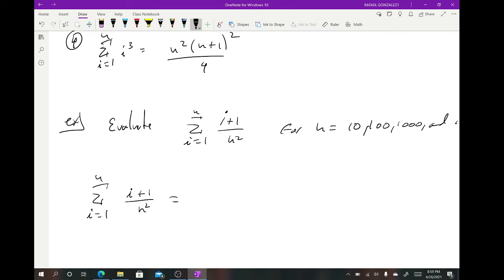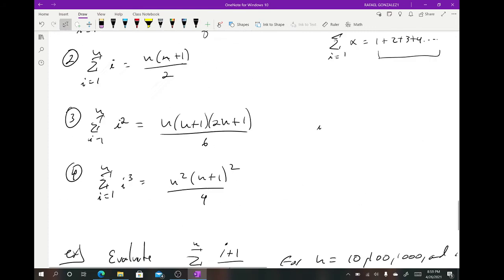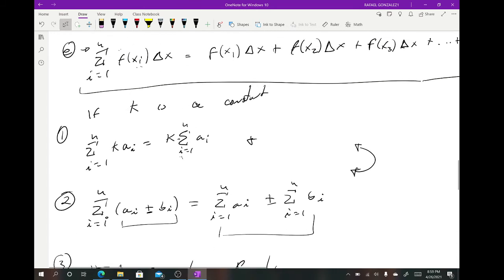So that means that essentially it is a constant, because when n is 10, n squared is going to be 100 because 10 squared is 100. So it is just a constant that you're dividing by through every term of the sum. So by fact number 1 up here, I can pull it out. I can just take it out.